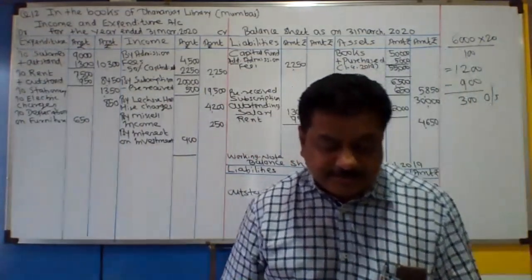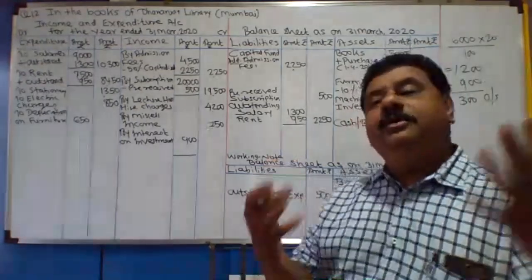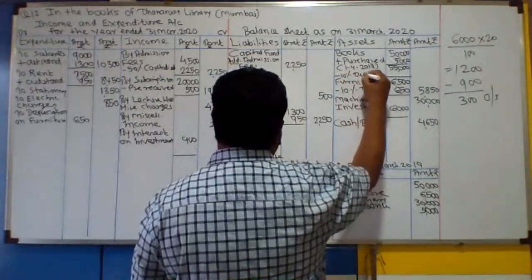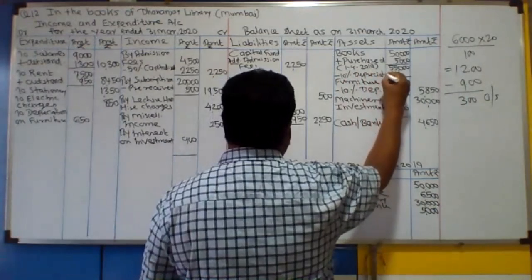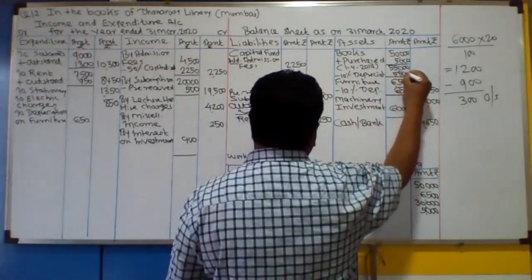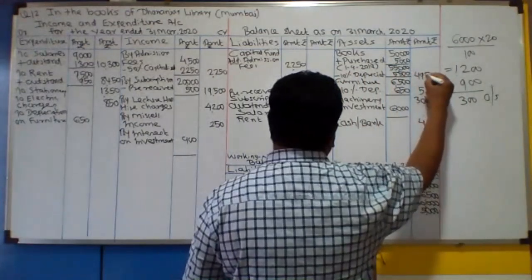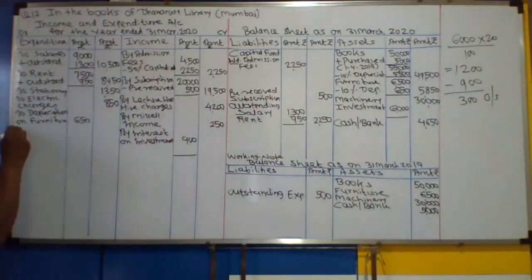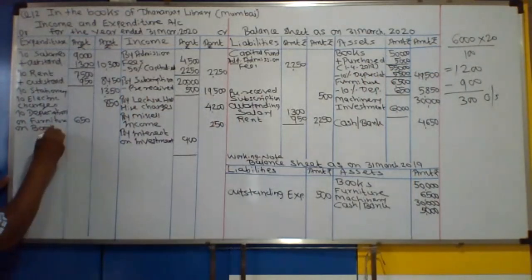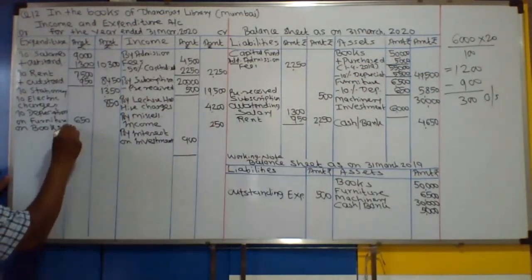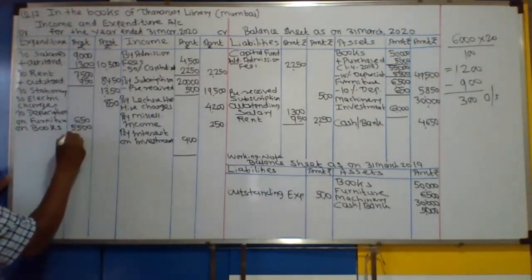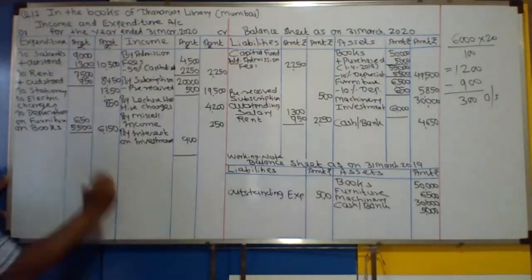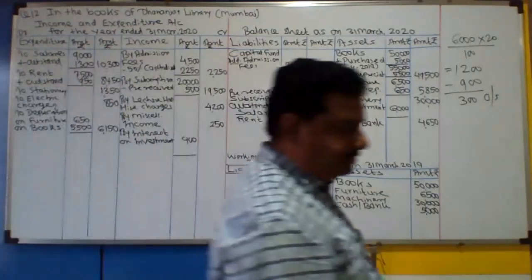According to adjustment number 6, the depreciation on the books is 10% on the full amount. So 10% depreciation, 5,500. Outer column it is 49,500. And then on the expenditure side, depreciation on books is 5,500. Total depreciation is 6,150.